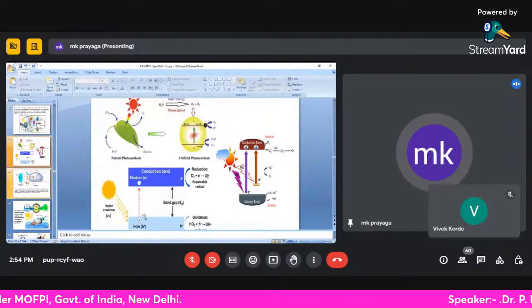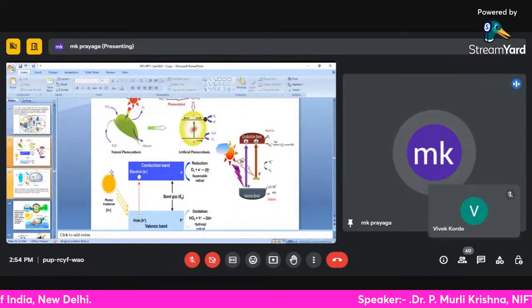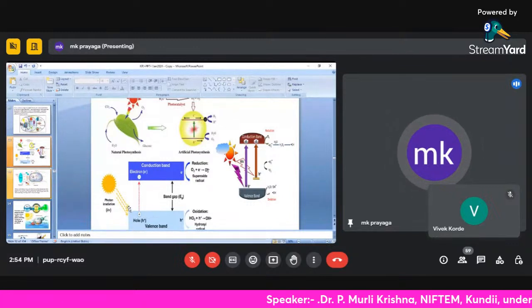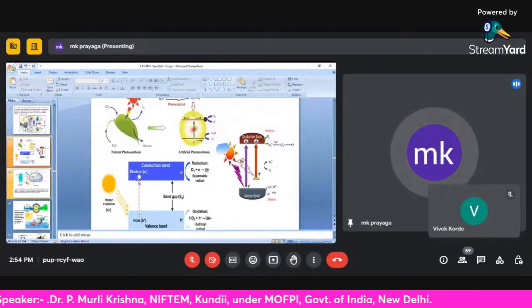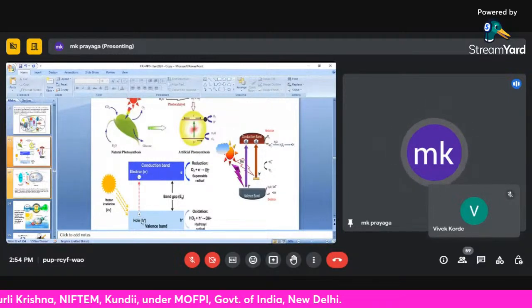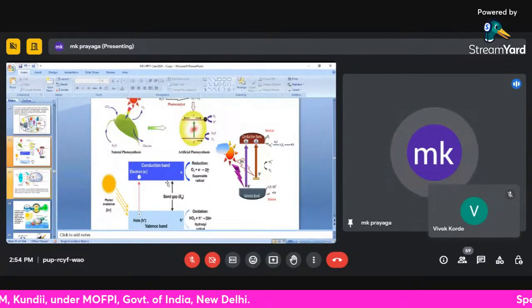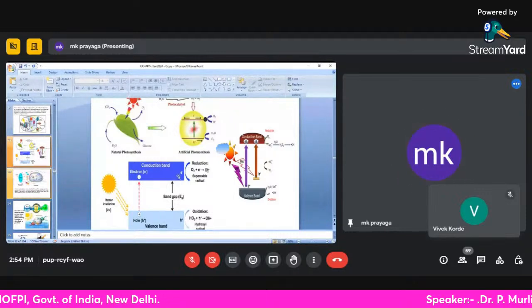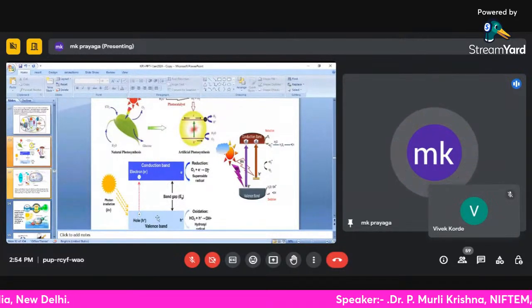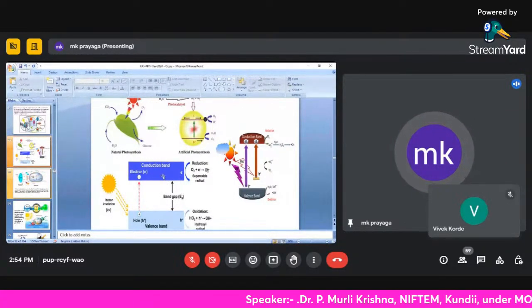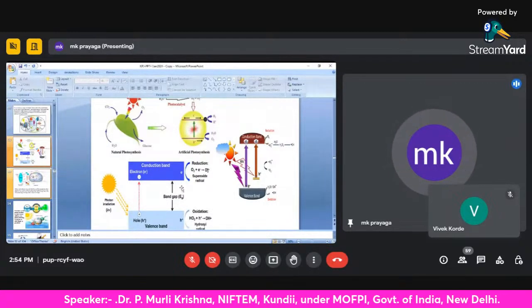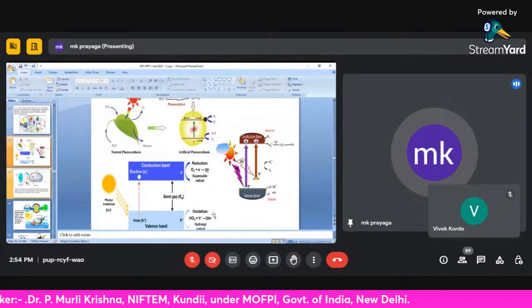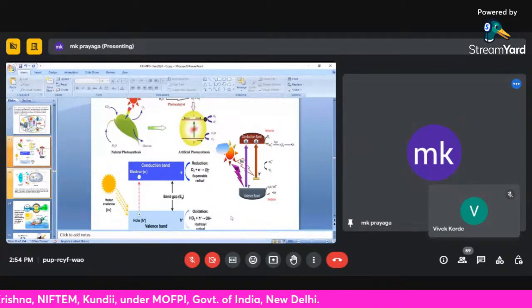Here it was explained: once this material is exposed to light photons of the right energy, an electron will jump from the valence band to the conduction band and creates a hole. This hole and electron, generated in the valence band and conduction band, react with the surrounding oxygen as well as atmospheric water vapor.